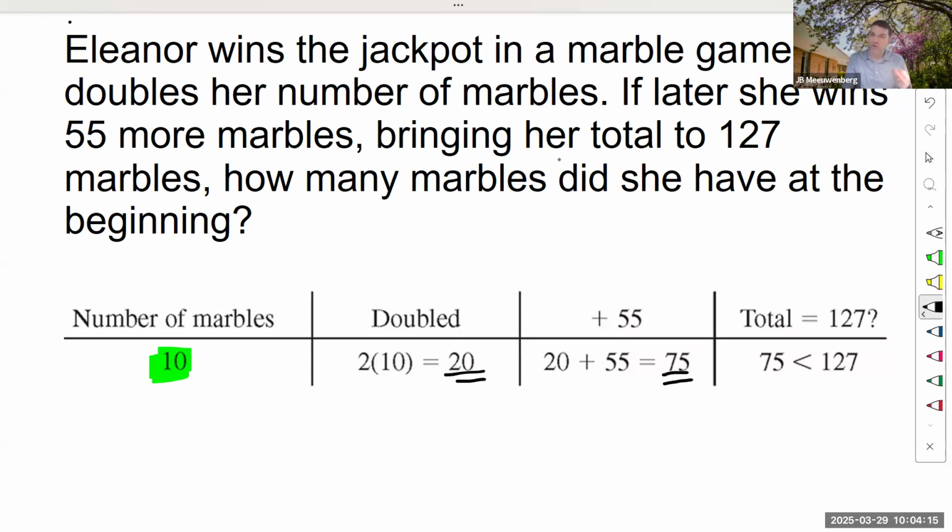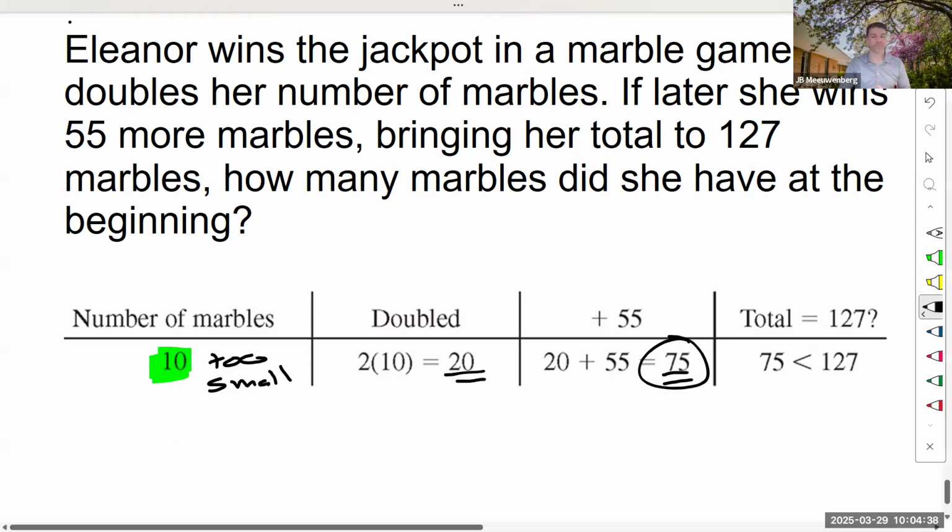And it said it brought her total to 127. Well, if her actual total is 127 and we got 75, 75 is too small. It's less than 127. So what does that mean? It means that 10 was too small.